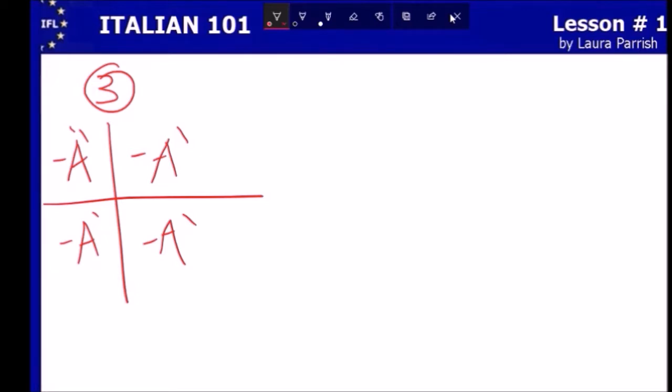For example, città. This is one word that ends with an accent in Italian and it means city. Atlanta is a città. I live in Atlanta, so that's why I use this example. Then you have, for example, università.